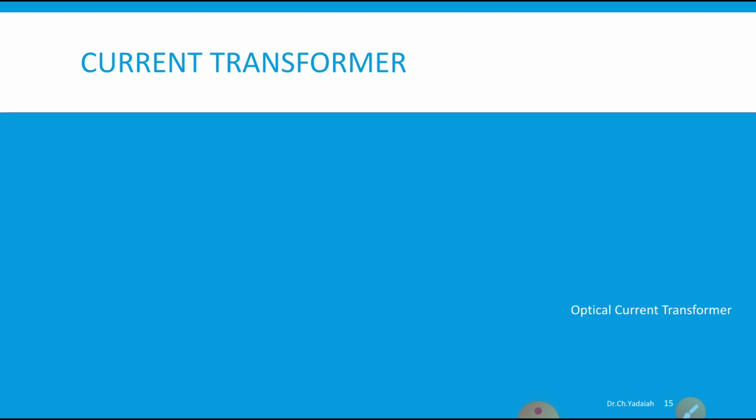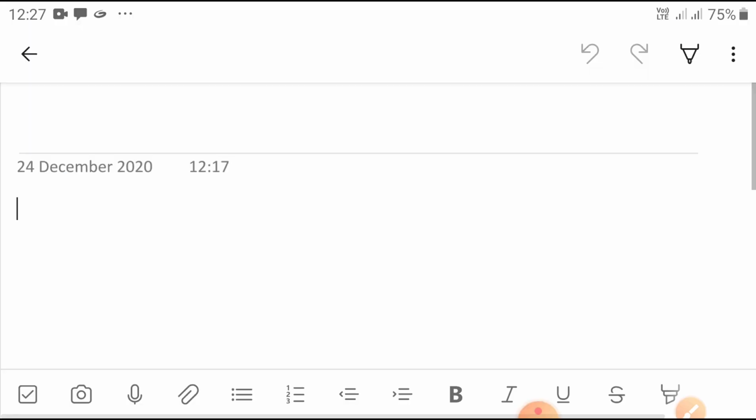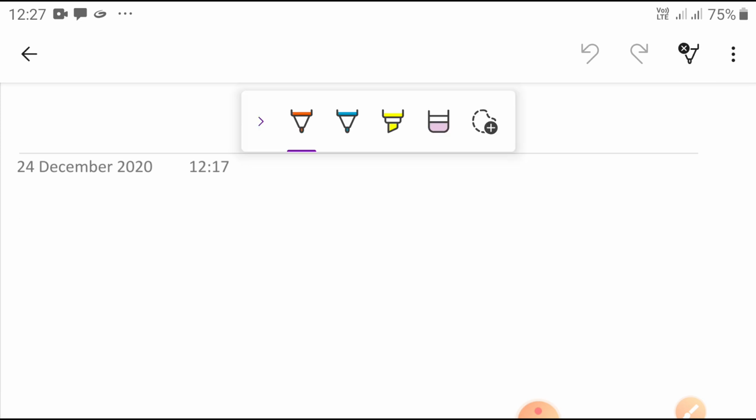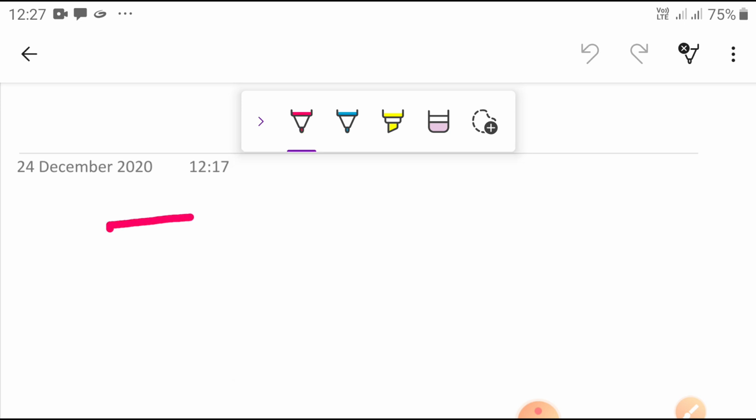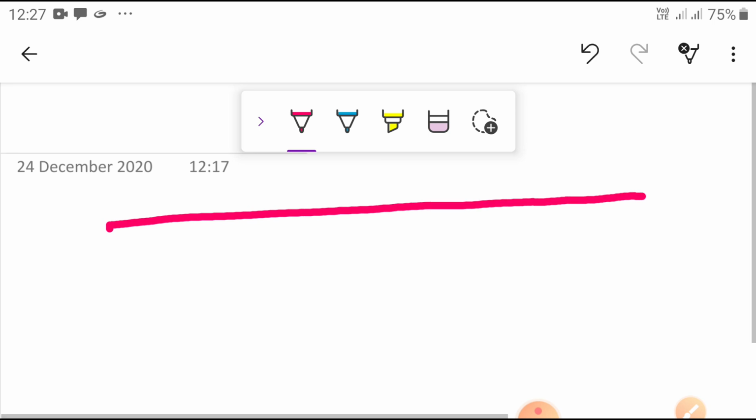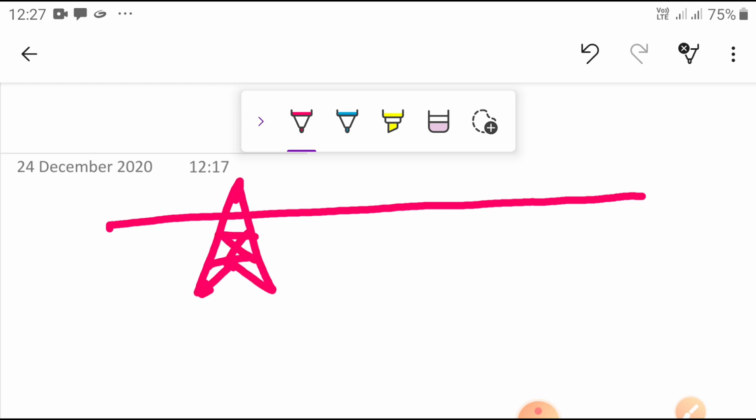Now, that means here, in the CT there is a primary current which is flowing, for example in a transmission tower line.